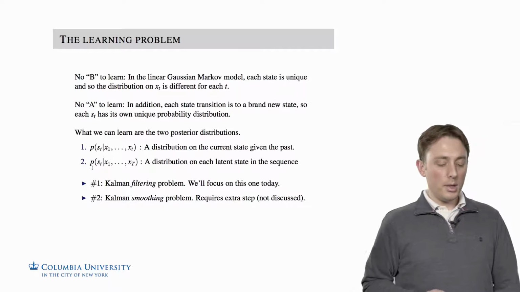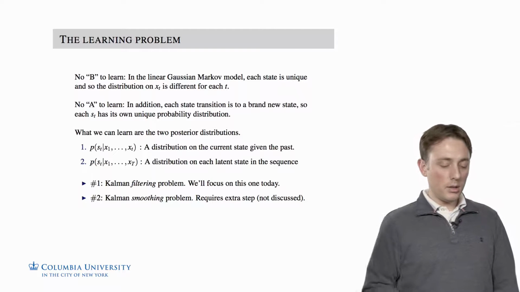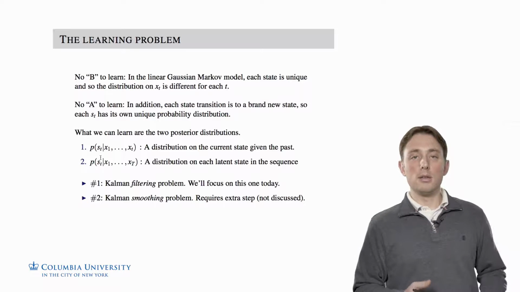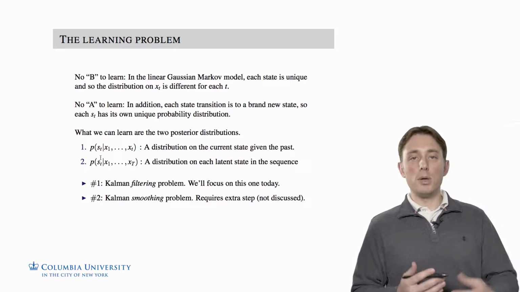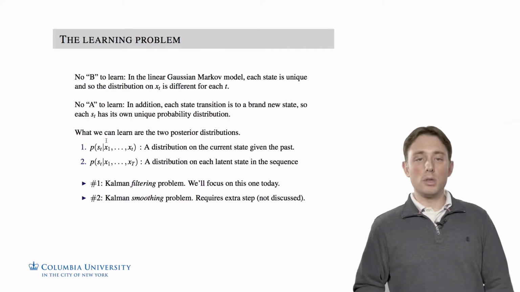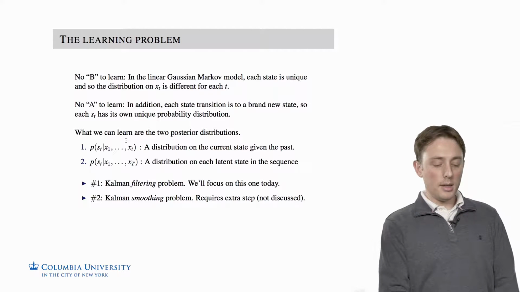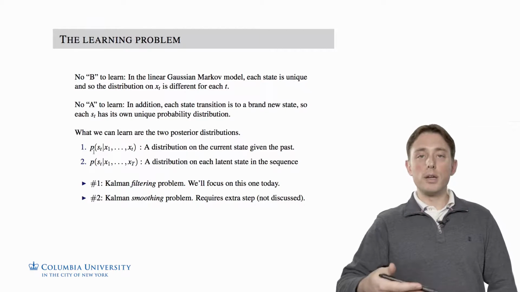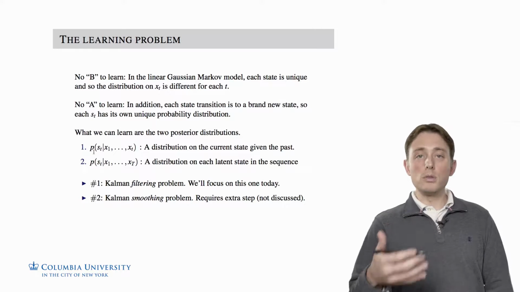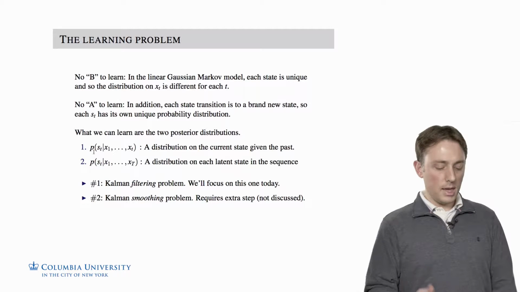We also might be interested in learning the posterior distribution of the state at time t given all of the data, including future data. So this would not be a real-time model. The first problem has a name. It's called Kalman filtering. It's what we'll focus on today. It's learning the continuously evolving distributions on the states as in a real-time setting.